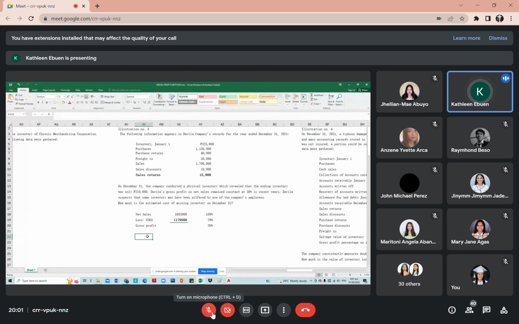Okay, so, again, we go to the next formula. Goods available for sale less cost of goods sold is equals to ending inventory. So, we are asked to compute the goods available for sale.